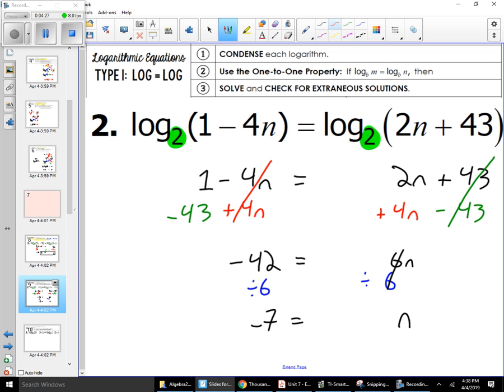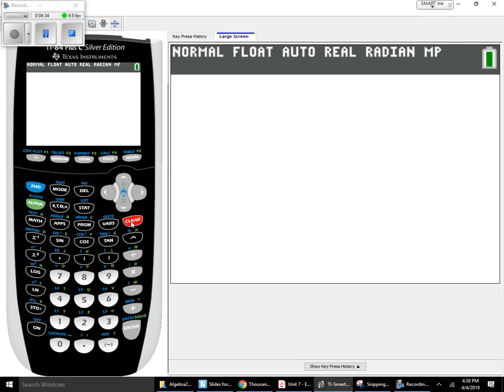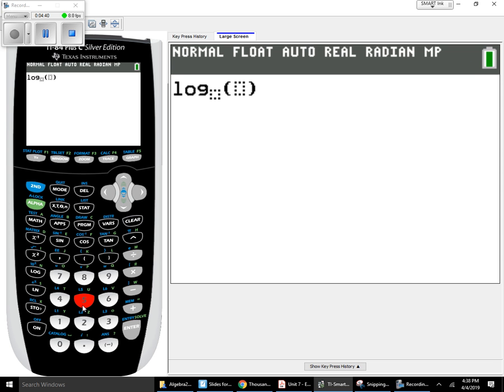So once again, we want to check that negative 7. We want to make sure it's not extraneous. So jumping back to the calculator to check, if n is indeed negative 7, then I should be able to take log base 2 of 1 minus 4 times x, and again, x is negative 7. And I should get back a value.